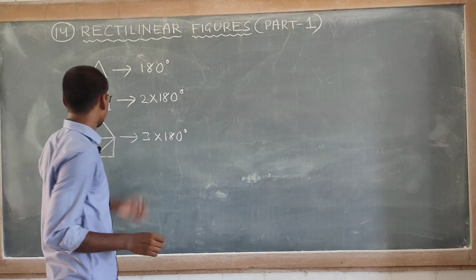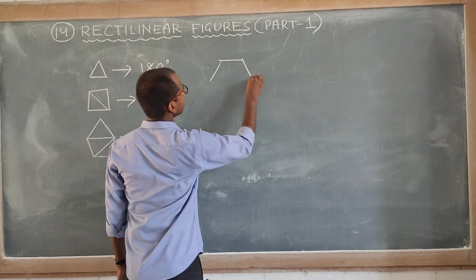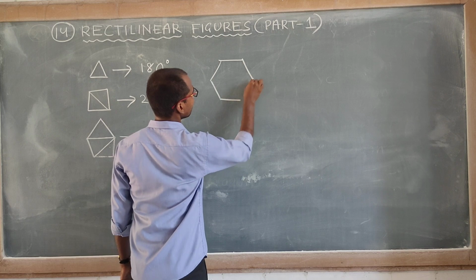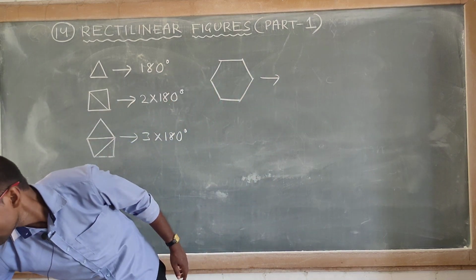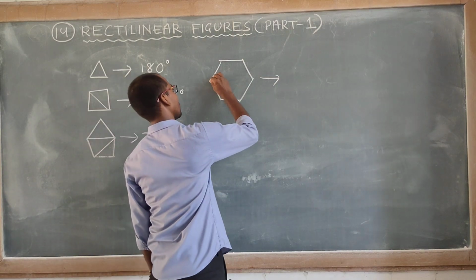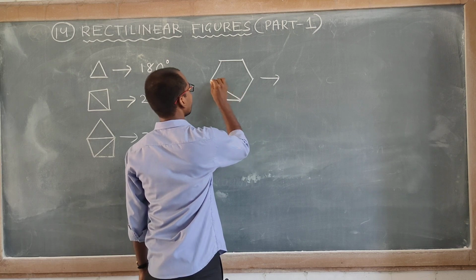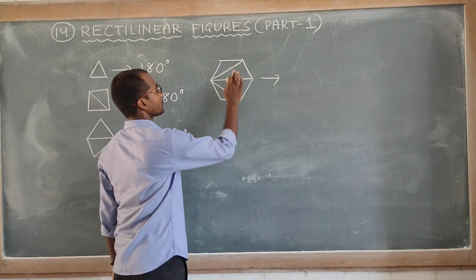Next we move to hexagon. Let us see how many separate triangles you can get. 1, 2, 3, 4.